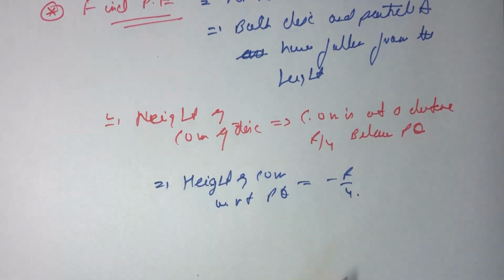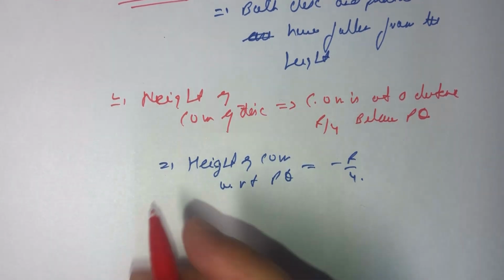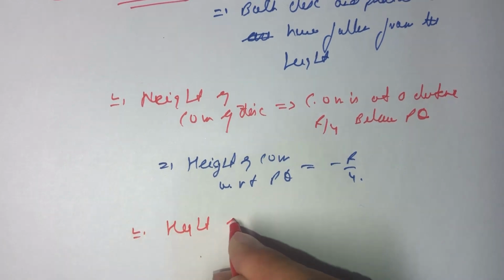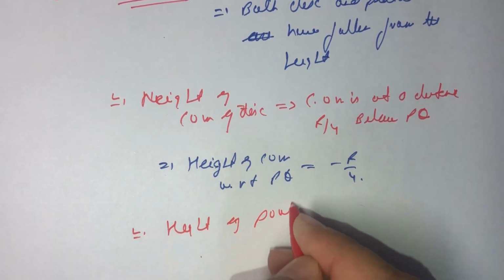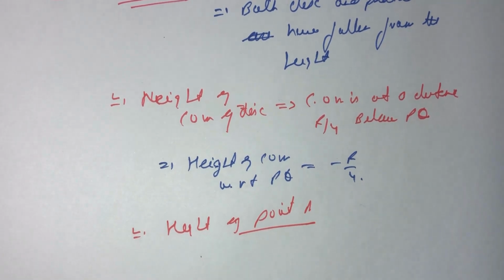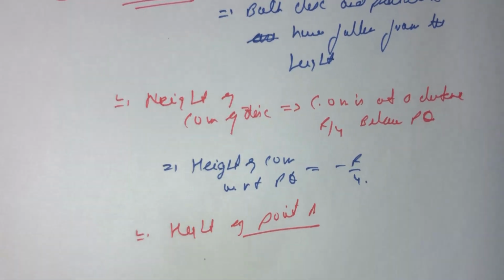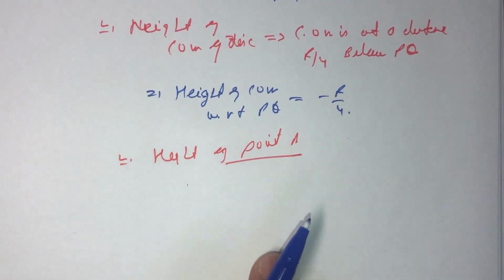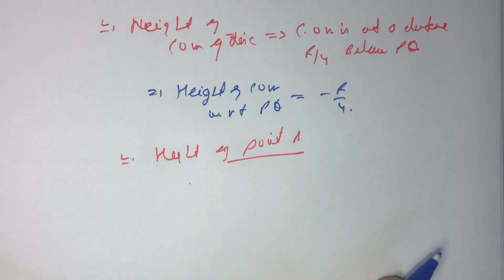Now we come to the height of the point A. Now point A is at a distance of minus r and minus r by 4 with respect to chord PQ.